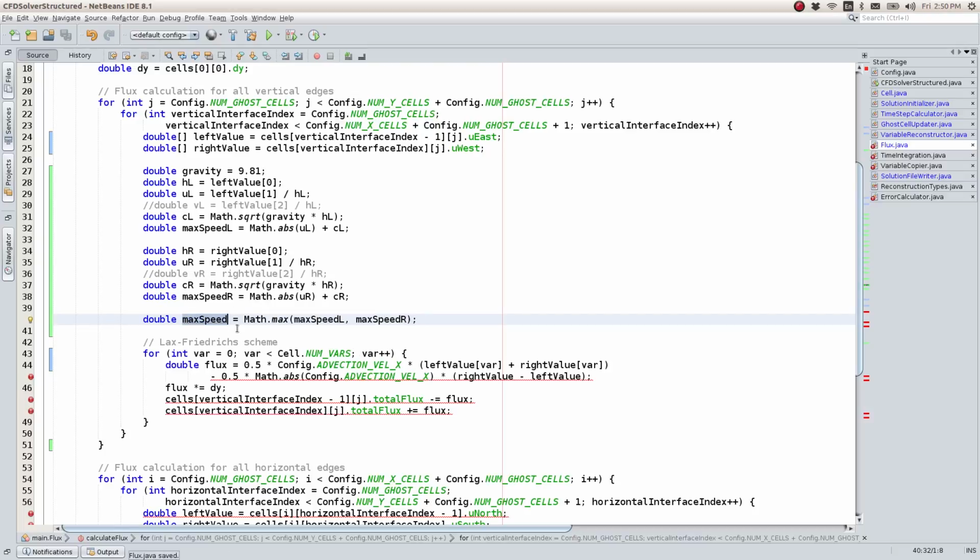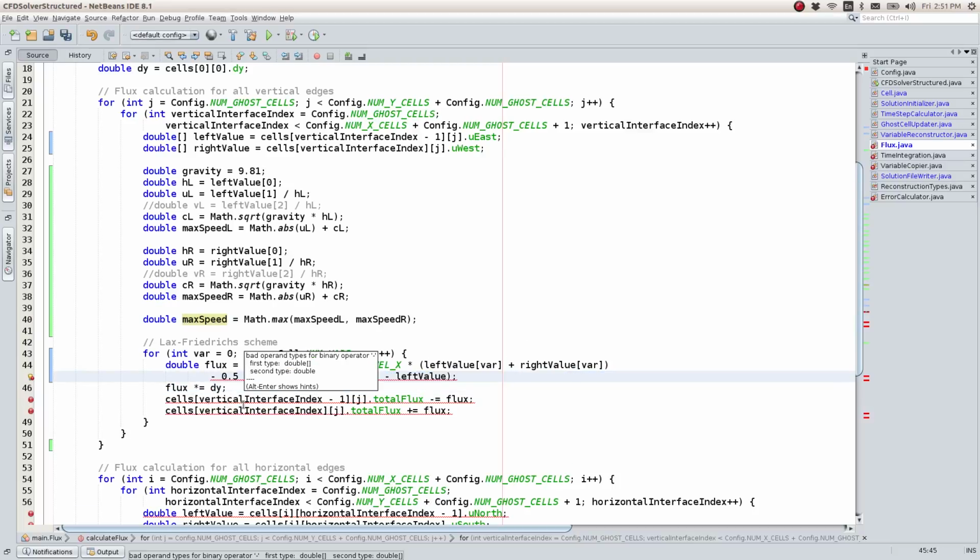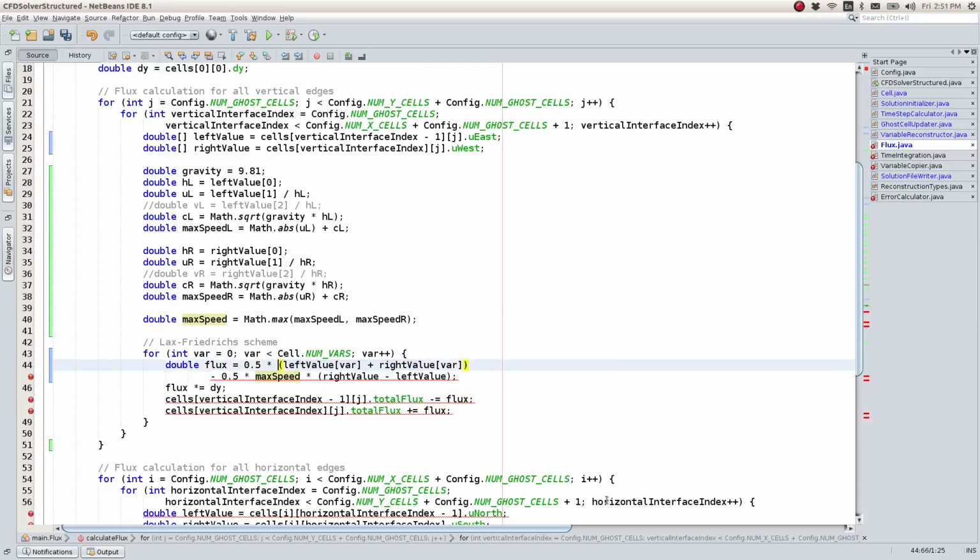Now I can just copy this and put it in right over here, and I calculated the flux, and here this actually should be the flux, so we need to calculate the flux.